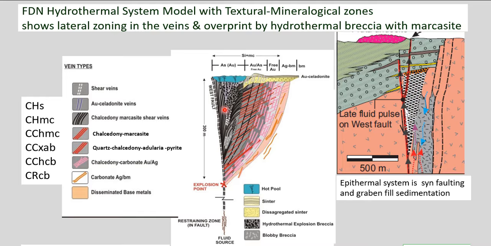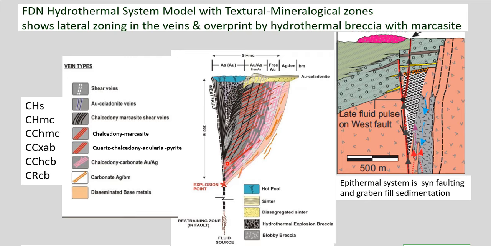So where it says explosion point on that diagram, down below there where everything stops, that's the point where the boiling was initiated. And that breccia is what localizes all the marcasite chalcedony and has the hot pool and then the sinter adjacent to that.